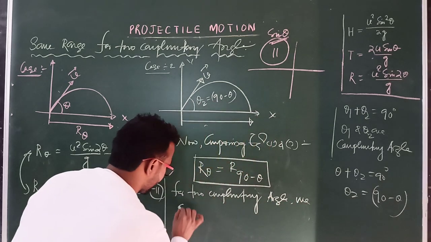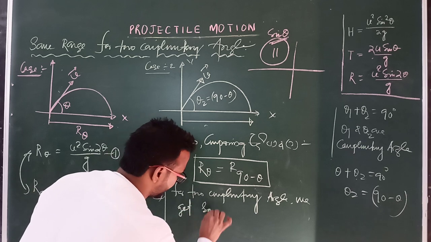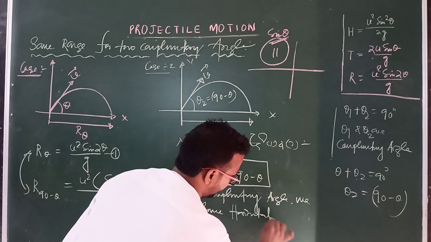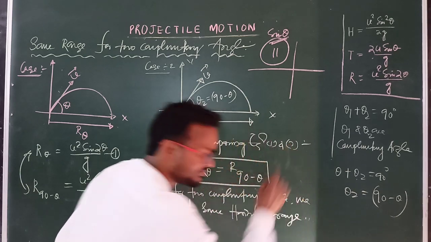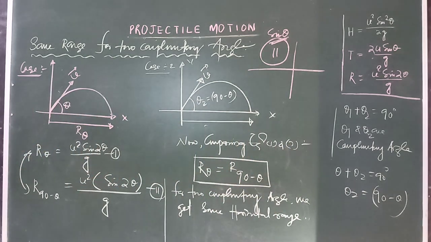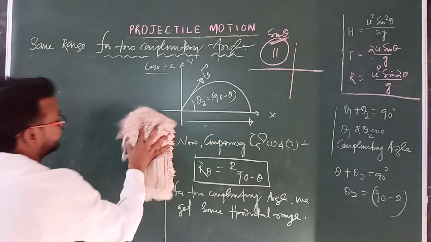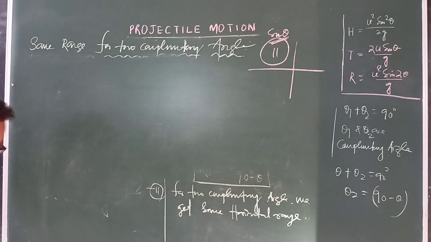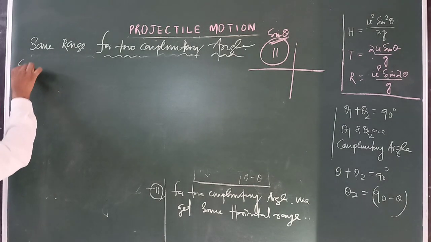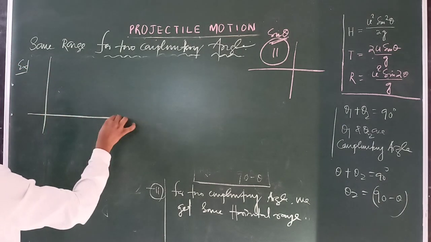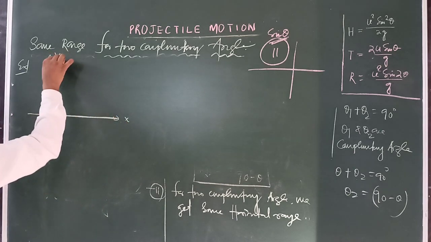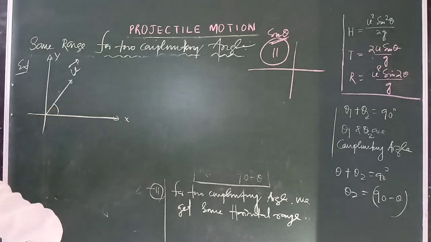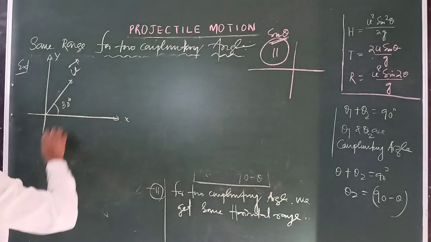we get the same horizontal range. Clear? So suppose we take one example here. If we project a projectile into space, x axis here, y axis, initial velocity u at an angle theta, suppose 30 degree.